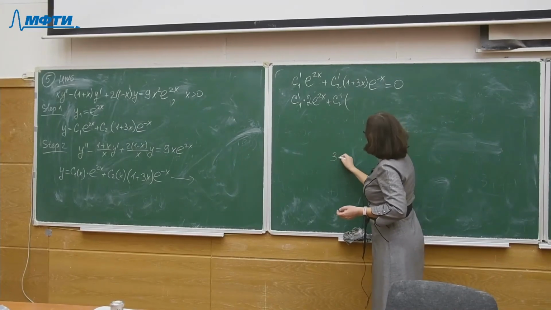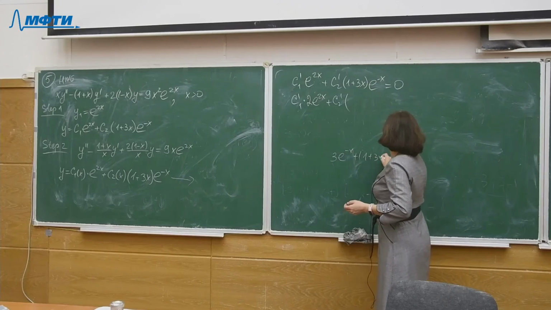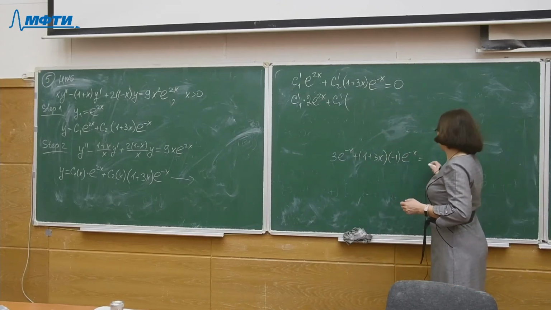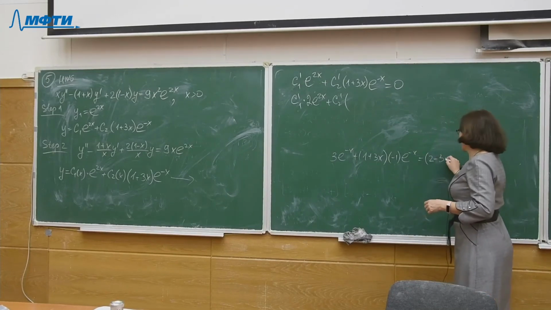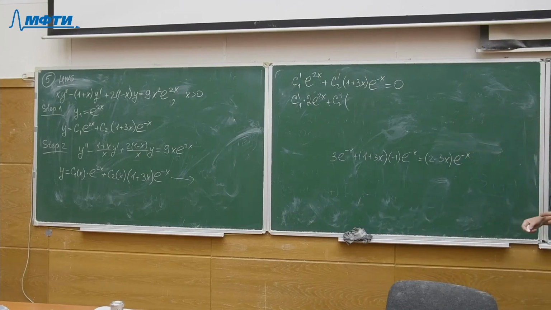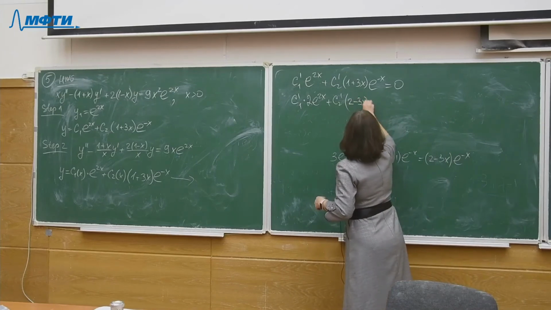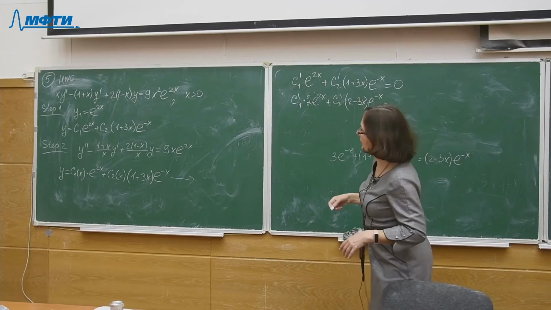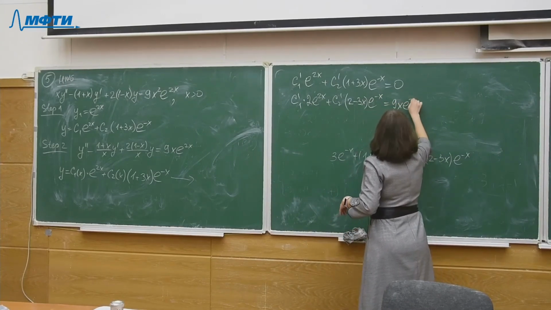It will be 3 times e to negative x plus (1 plus 3x) times negative 1 e to negative x, and this will give us (2 minus 3x) times e to negative x, equals the right hand part, 9x e to 2x.